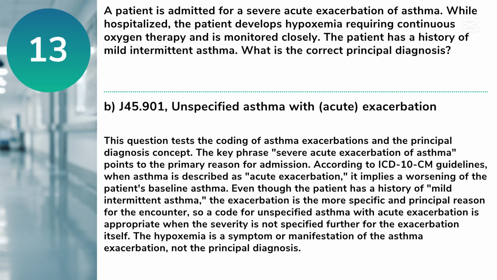Even though the patient has a history of mild intermittent asthma, the exacerbation is the more specific and principal reason for the encounter, so a code for unspecified asthma with acute exacerbation is appropriate when the severity is not specified further for the exacerbation itself. The hypoxemia is a symptom or manifestation of the asthma exacerbation, not the principal diagnosis.